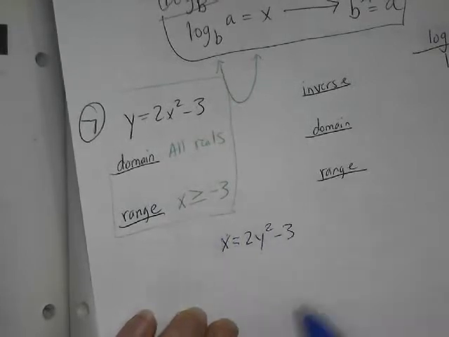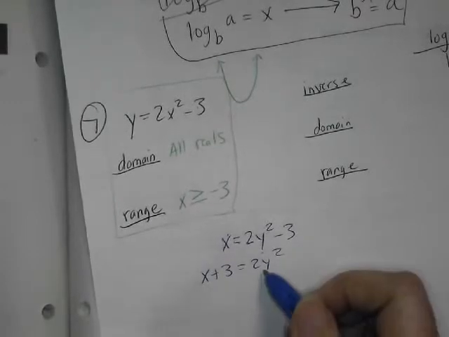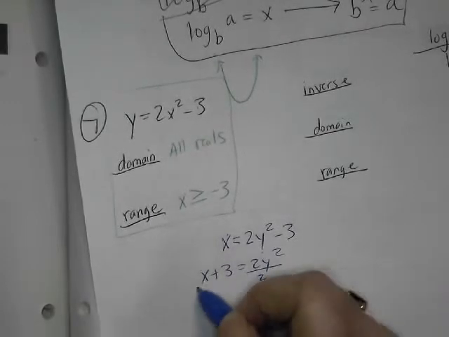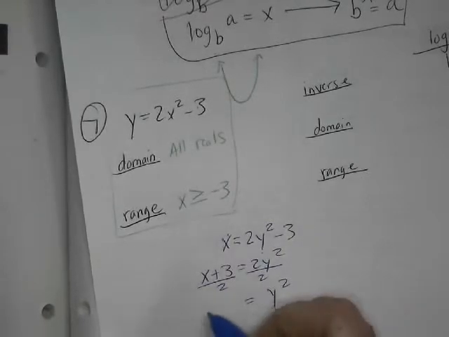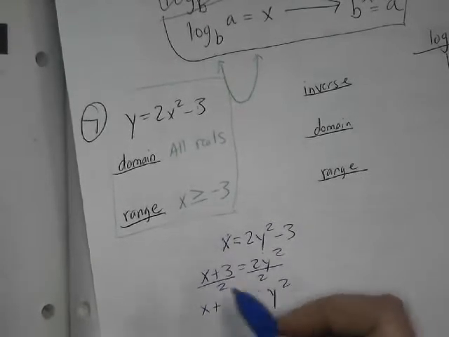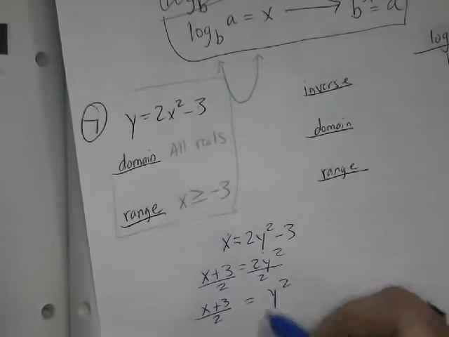So I could add 3 to both sides. And then I could divide both sides by 2. This is going to be a little ugly. And then I'm going to have to square root both sides. So now it's got a fraction and a square root in it. It's not very pretty.